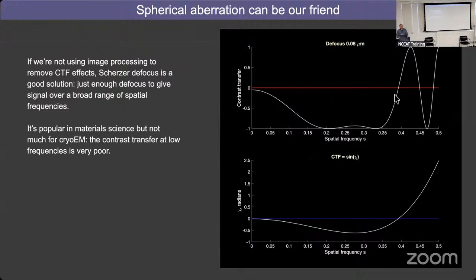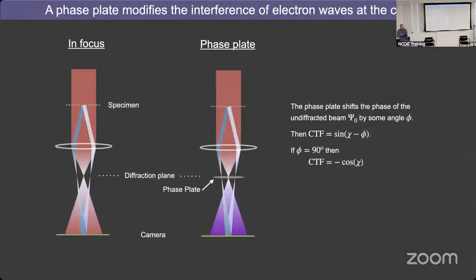This is what people in materials science do all the time. This is called the Scherzer defocus. It gives you a pretty good looking image. The only problem is that the amount of signal you get at the low spatial frequencies is really small. So we don't like it. We'd rather process our images and get rid of the contrast transfer function.